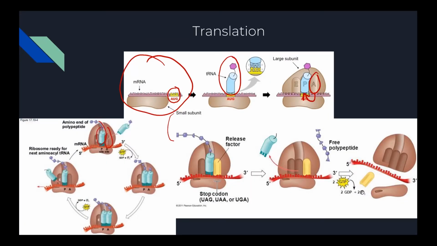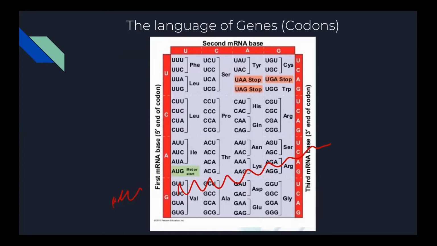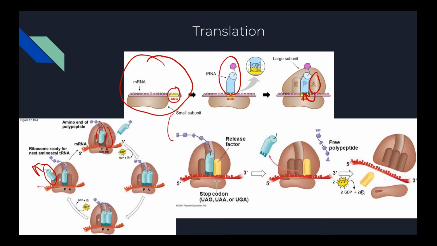That will push our original over to the E site, which will exit, leaving us with our new tRNA connecting to its amino acid, and peptide bonds connecting to all of the others that were there before. And that's what we do to begin. Again, it happens once more. We bring in another tRNA shown here, and we just continue in that cycle until we end.